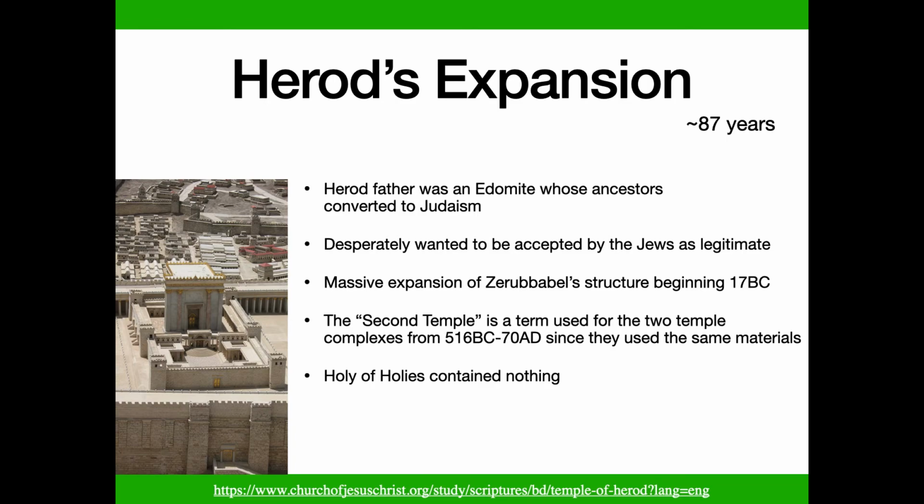He was an outsider. He just wanted so bad to have the Jews look at him as legitimate that he turned into a zealous builder of everything. We have Herodium, the city, Bethlehem, Jericho, everything. He's just building like crazy in order to be accepted by the Jews.